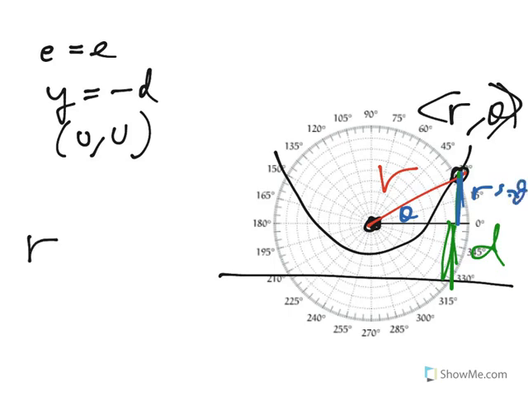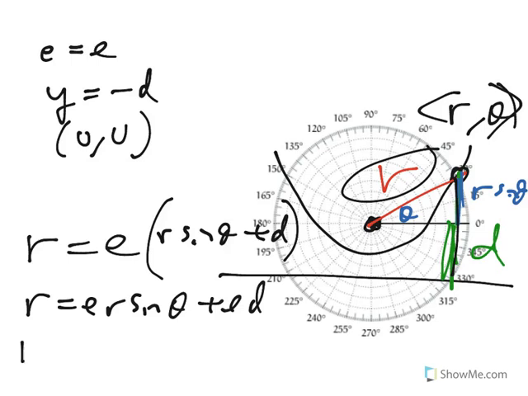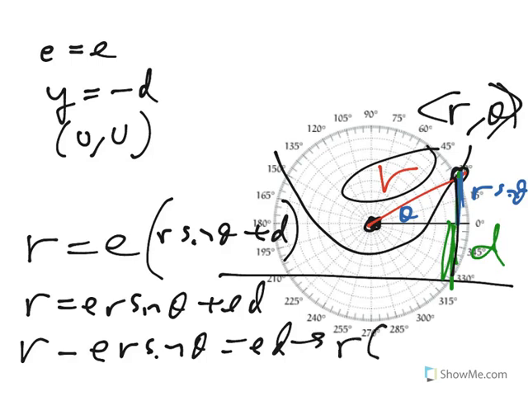And the relationship is that this, r, has to equal E times the distance to the directrix, which is r sine theta plus d. And when we distribute the E through, E r sine theta plus E d, and bring the r's over to one side, r minus E r sine theta equals E d, and factor out the r, 1 minus E sine theta equals E d.